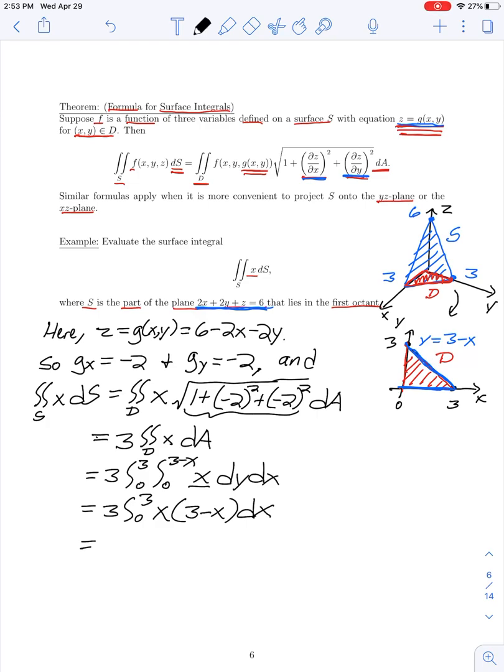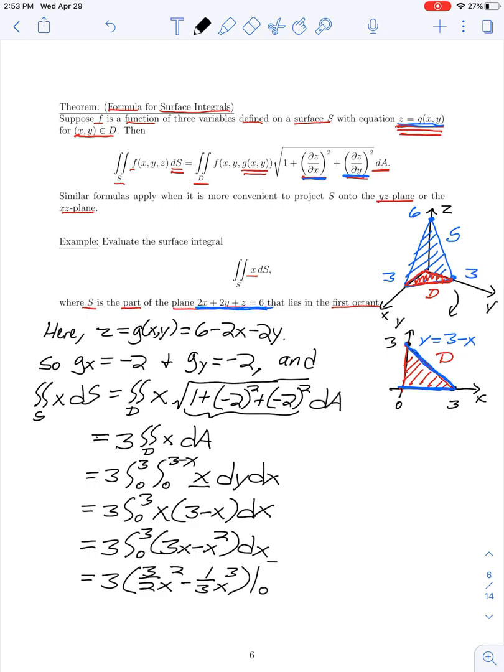So distributing our x, we have the integral from 0 to 3 of 3x minus x squared dx. So for our antiderivative, we had the constant 3 out in front, times 3 halves x squared minus 1/3 x cubed, being evaluated from 0 to 3.